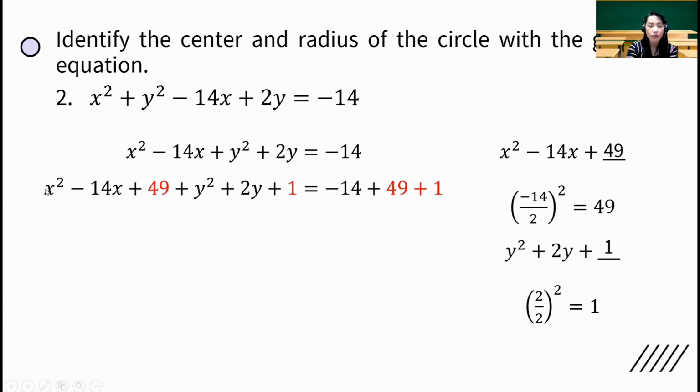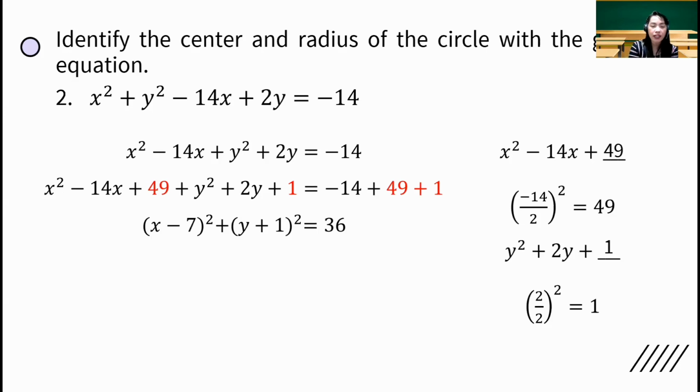We have here x squared minus 14x plus 49 plus y squared plus 2y plus 1 equals negative 14 plus 49 plus 1. Since dumagdag ka ng 49 and positive 1 sa left side, magdadagdag ka din ng 49 and positive 1 sa right side.